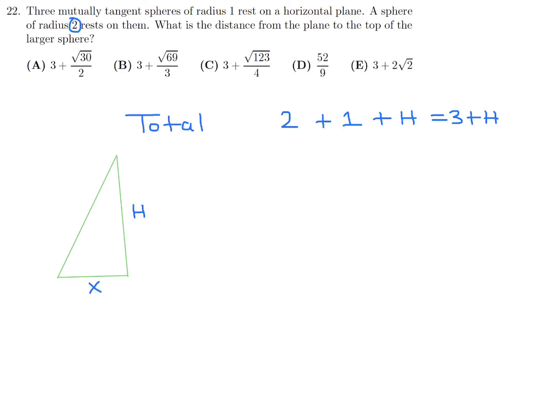In this question, the top sphere has a radius of 2, and the bottom spheres have radii of 1. So this hypotenuse essentially is equal to 3. So our equation becomes h squared plus x squared is equal to 3 squared.